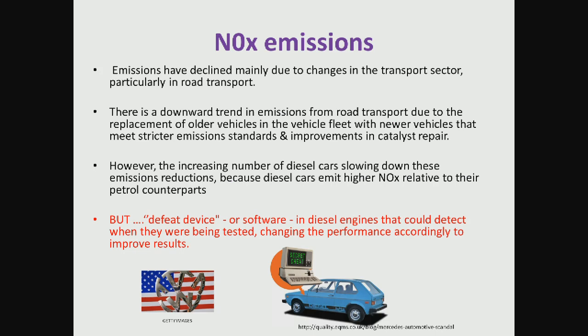They were testing the cars under conditions which reduced their NOx emissions on the rollers, and then putting them out on the road. But in normal road conditions, they were producing much more. They had a software cheat in their system when they were testing their engines in cars.